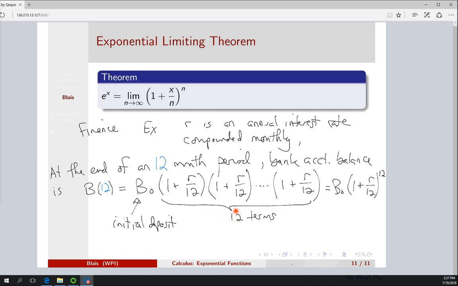What if you did daily compounding? Well, then you'd have R over 365, but you'd have 365 terms here. So you'd have a 365 in the exponent. Well, what if you did it every second? However many seconds you have in a year, that's how many terms you would have, and that would be your denominator in each one of these terms.